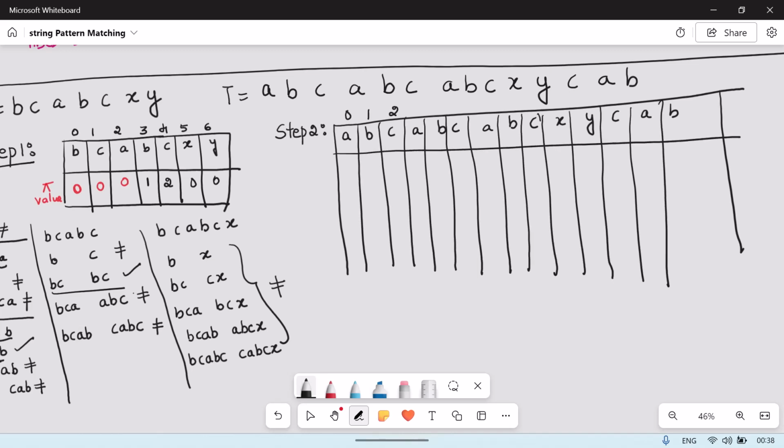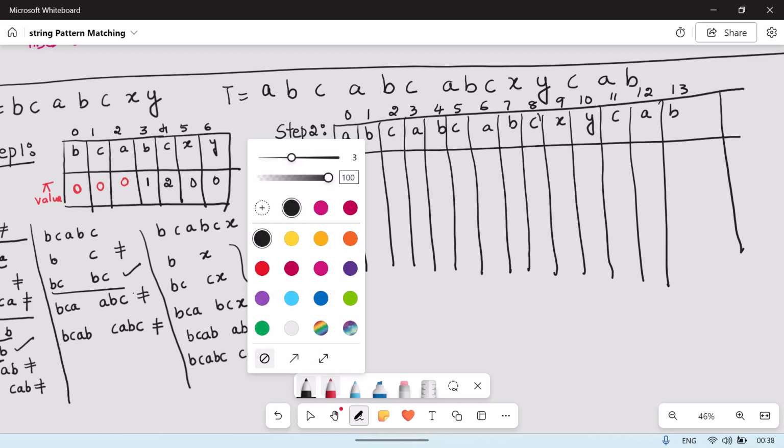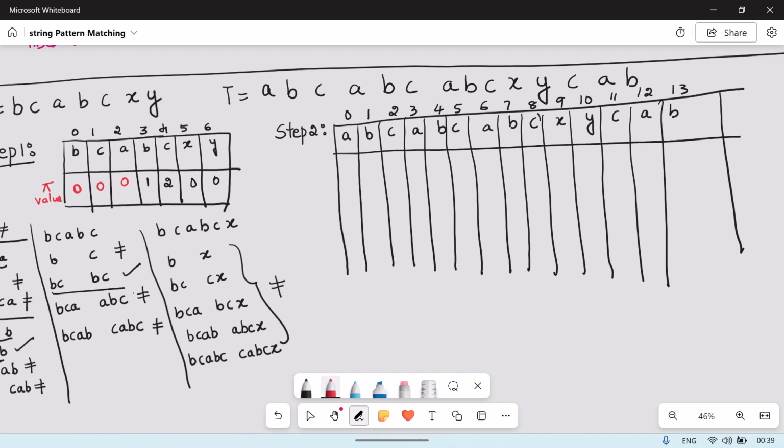Indexes 0 to 13. Now first thing, write the pattern here: B, C, A, B, C, X, Y.